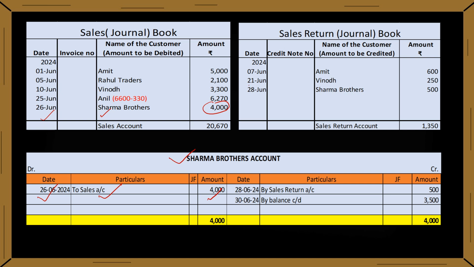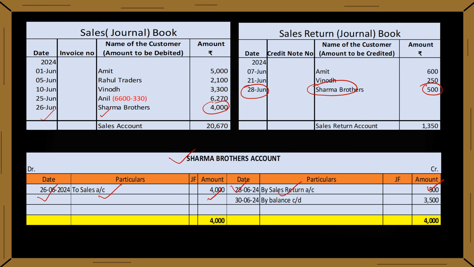There is a return from Sharma Brothers on 28th June, rupees 500. Journal entry for sales return is sales return account debit to Sharma Brothers. In the journal entry we have debited sales return. So in the ledger account of Sharma Brothers we are going to credit, 28/6/2024 by sales return 500.